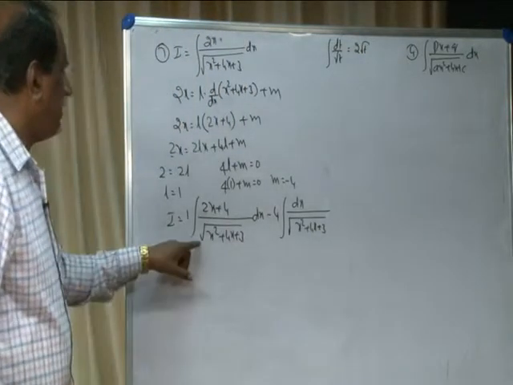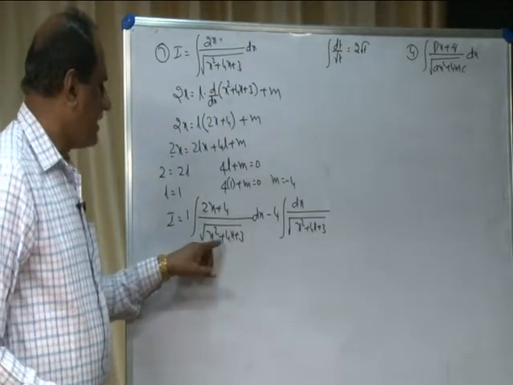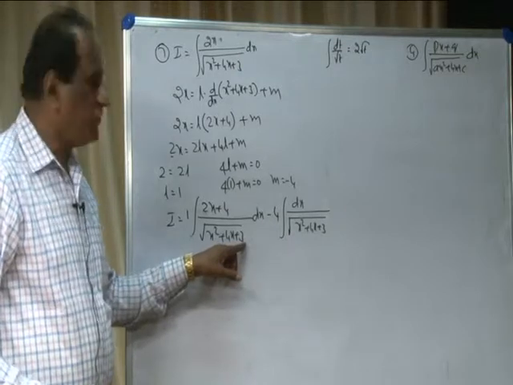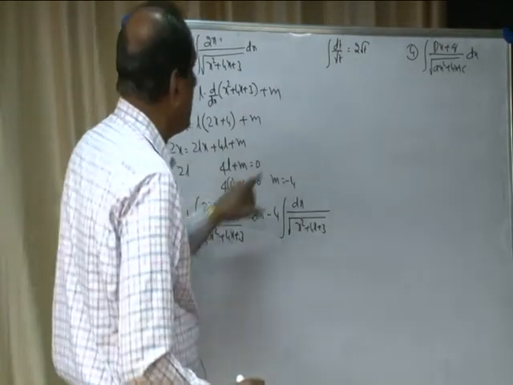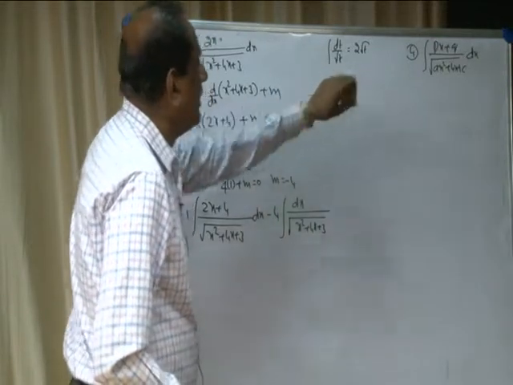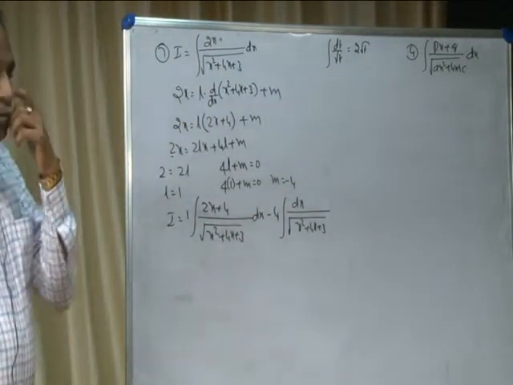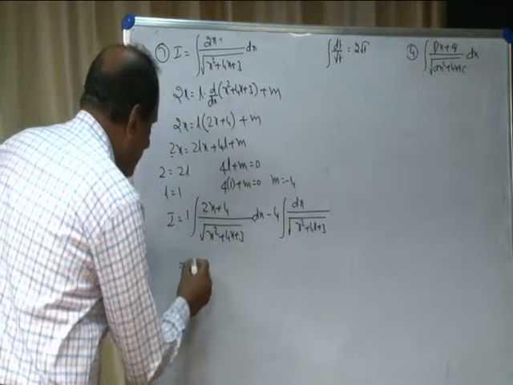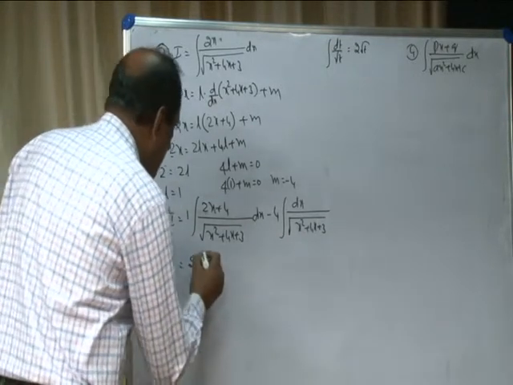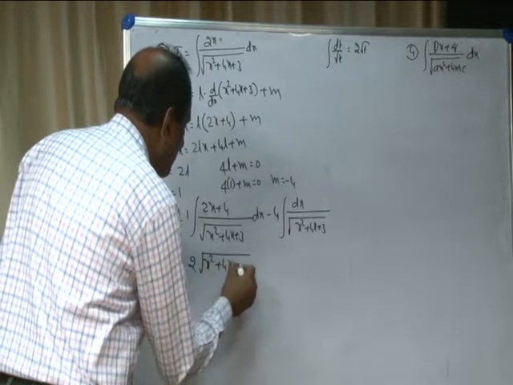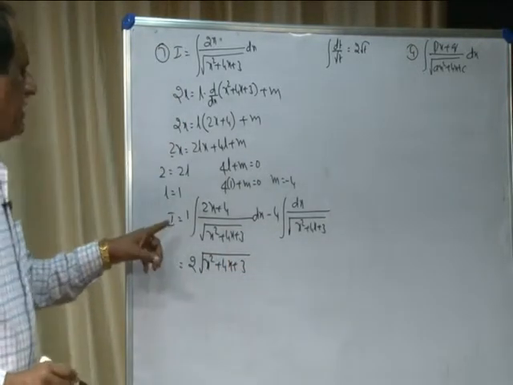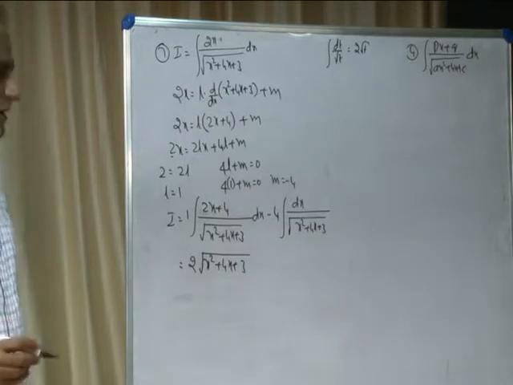So, taking the substitution x square plus 4x plus 3 is equal to t, 2x plus 4 dx is equal to dt. Therefore, this integral becomes dt by root t, that is nothing but 2 root t. So, 2 into root t, t means x square plus 4x plus 3. The first integration process is over.